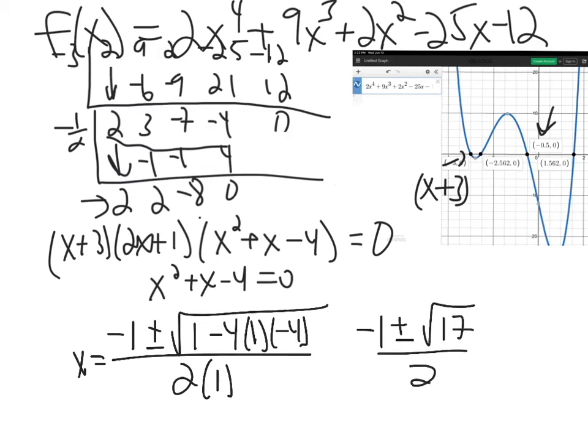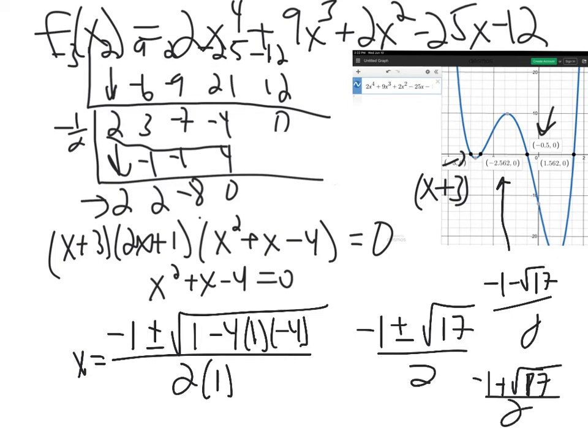So if I went and grabbed a calculator, I would suspect that negative 1 minus root 17 over 2 is where the negative 2.562 is coming from. And negative 1 plus the square root of 17 over 2, that's where they're getting the positive 1.562 from.